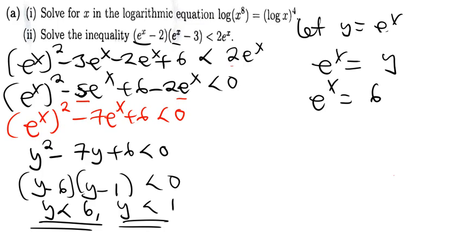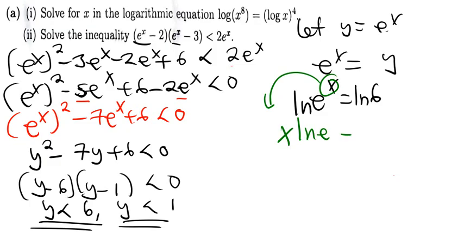So it's going to be ln e^x, and here I'll put ln 6. The properties of log allow us to shift the power to be in front. So I'll say x ln e is equal to ln 6. But what is ln e? Natural log is always in base e. ln e is 1. 1 times x is x.